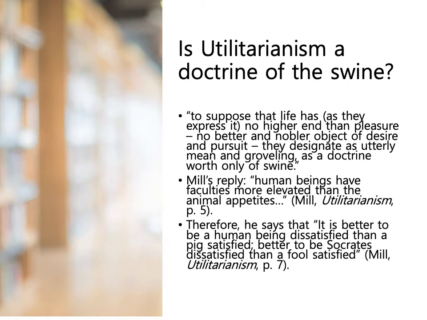And here Mill makes a distinction between higher order pleasure versus lower level pleasure. The higher level pleasures are pleasures of the mind, and our capacity to enjoy those kinds of pleasures.